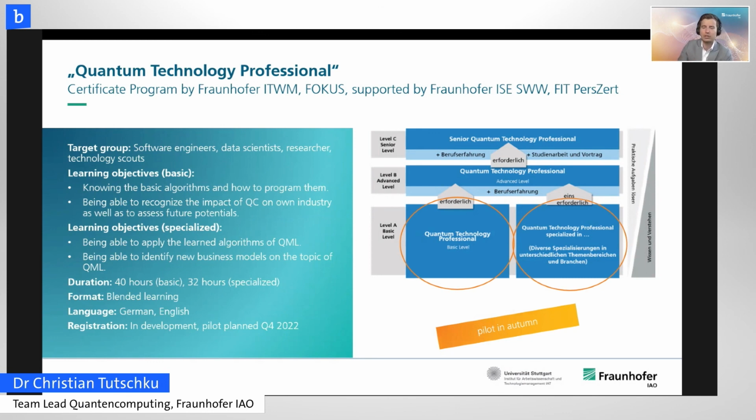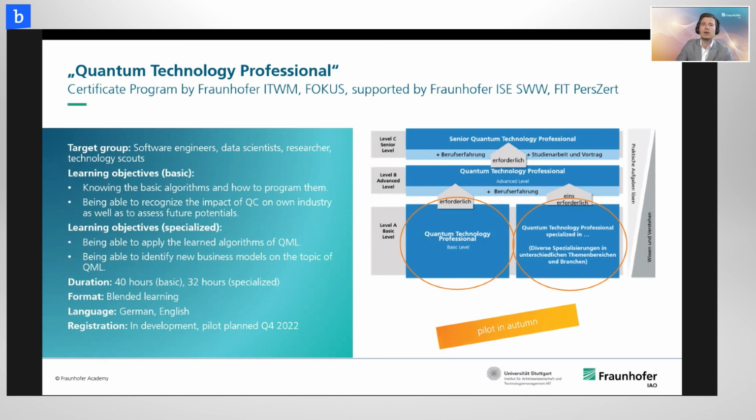But the certification goal is also to use, for example, things which we as IAO and IAF conduct in Baden-Württemberg, to make all of the programs such that you become in the end a Fraunhofer certified quantum developer, which is the big vision of the technology transfer within the Fraunhofer community.